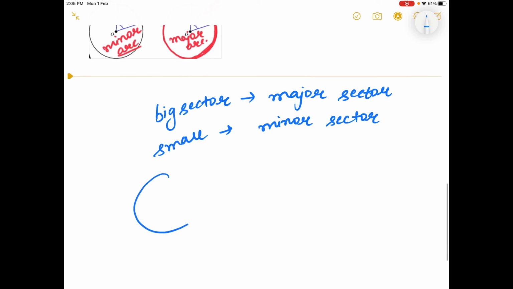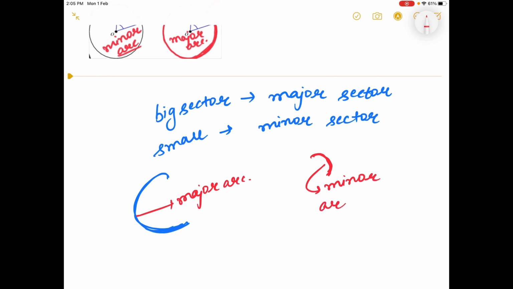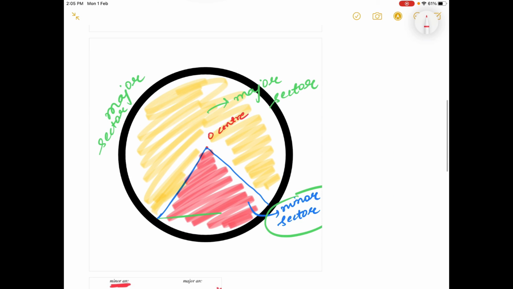The bigger arc of the circle, the bigger portion of the circle, will be called the major arc. And the smaller arc of the circle will be called the minor arc. So these are the properties of the circle which we have to keep in mind in order to solve the questions.